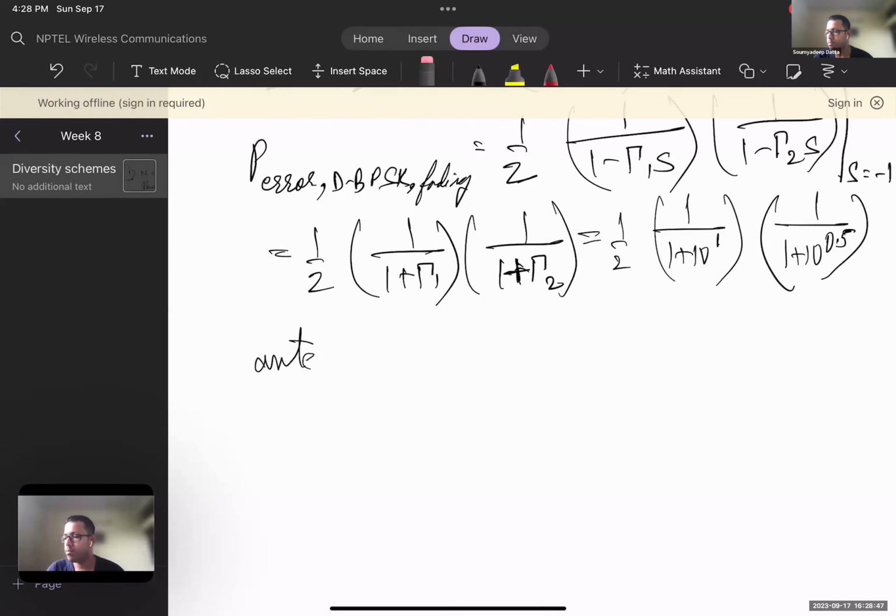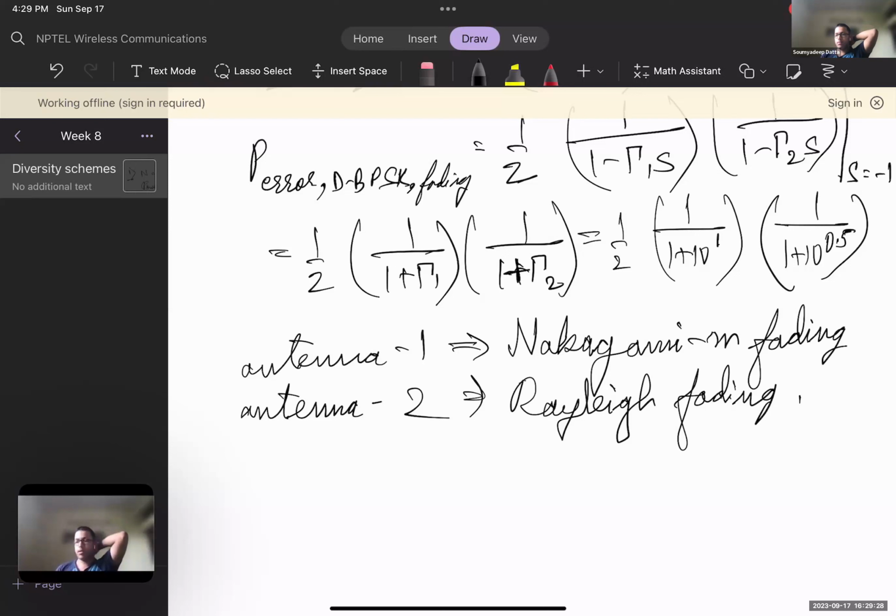Now, how do you calculate the same question you asked, the probability of error for differential BPSK with fading?